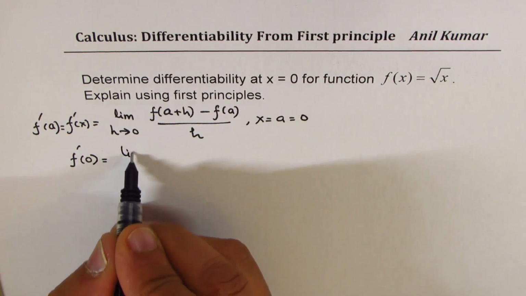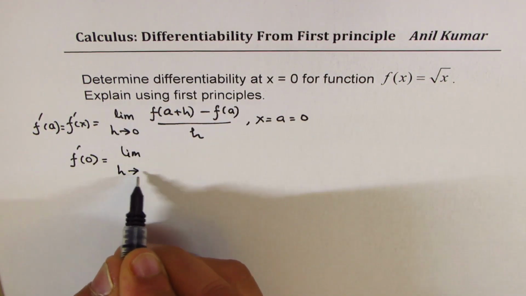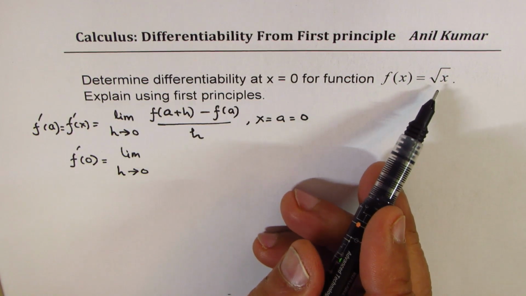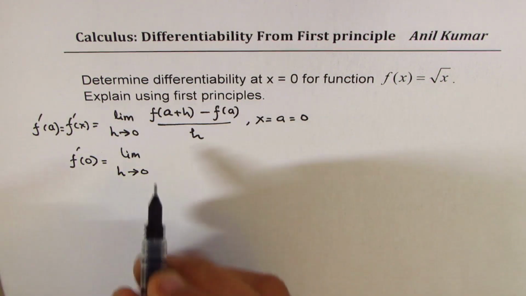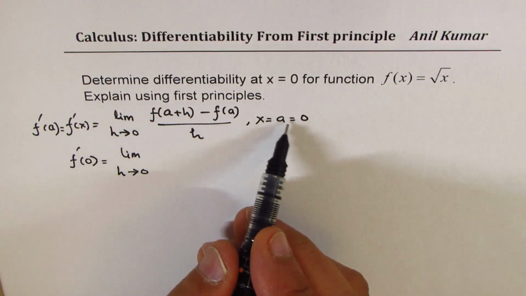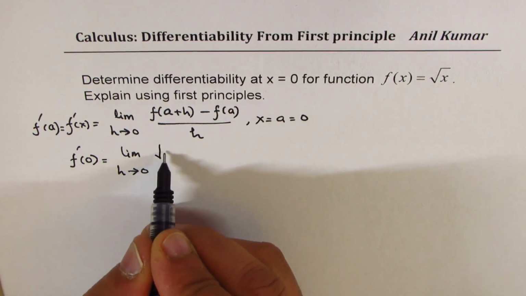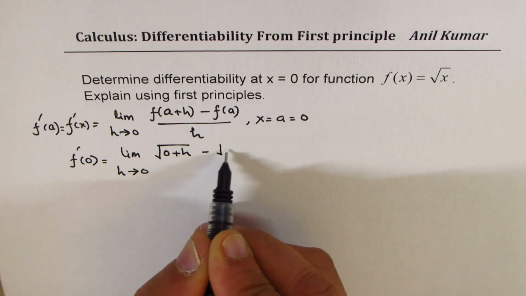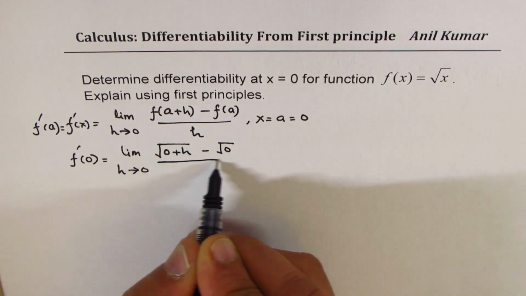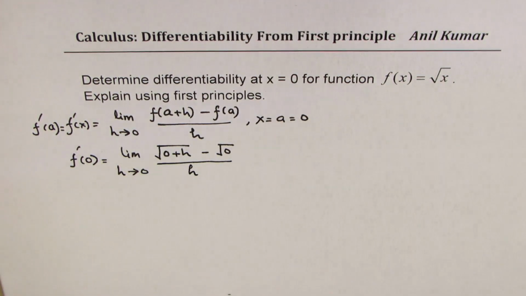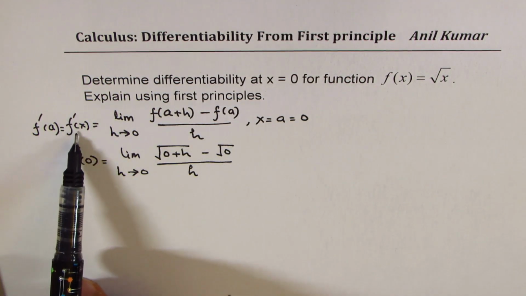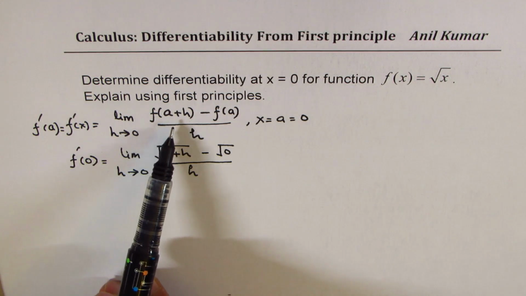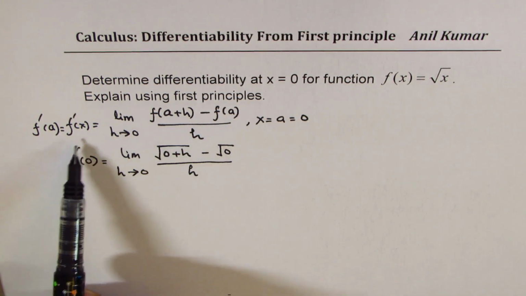So I could write this as limit h approaching 0. Since it is square root of x, a plus h, where a is 0, will be square root of 0 plus h, minus square root of 0, over h. I hope all that is clear, right? So the basic definition is f dash a at the point we're talking about.